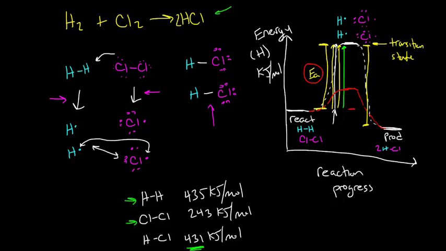So this would be a small activation energy, and if you have a much smaller activation energy, then it means the reaction has a much better chance of happening because the amount of energy you need, the investment, is much smaller. This particular reaction has a very large activation energy, and it's hard to happen.